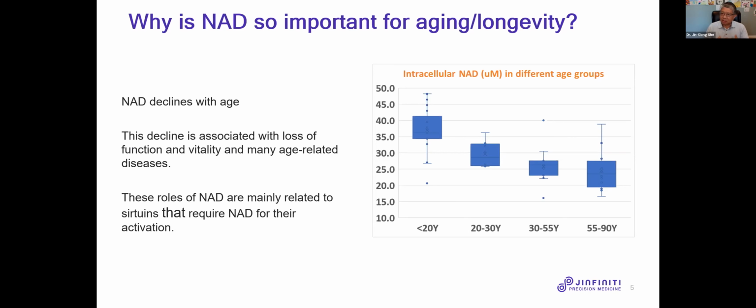Now, this decline in NAD is also associated with the loss of function and vitality, and is related to many age-related diseases. Many of these issues are mainly related to the sirtuins that require NAD for their activation.